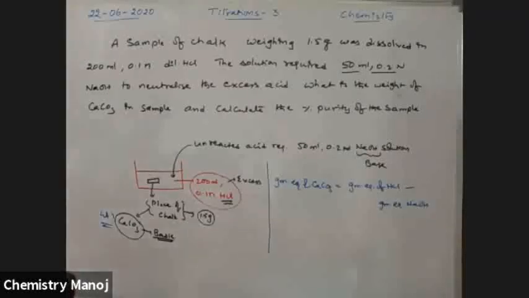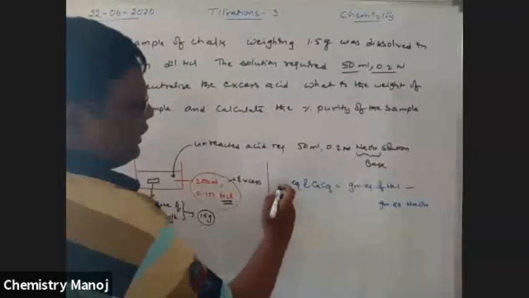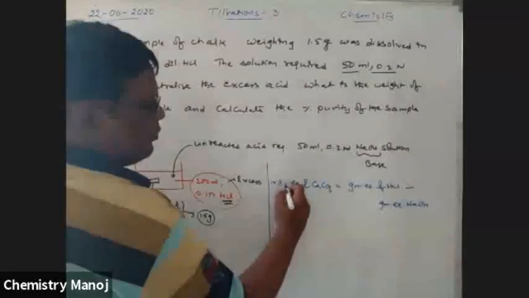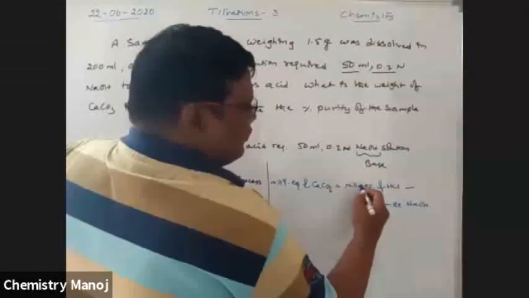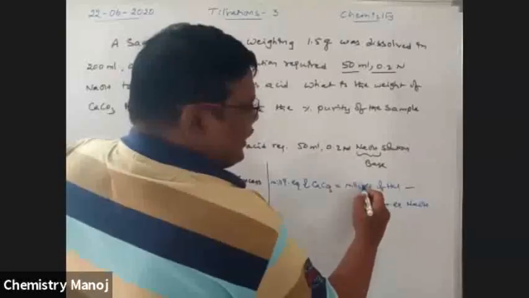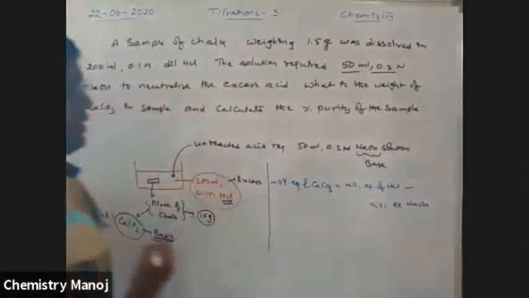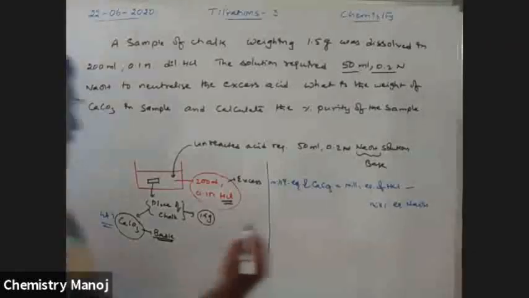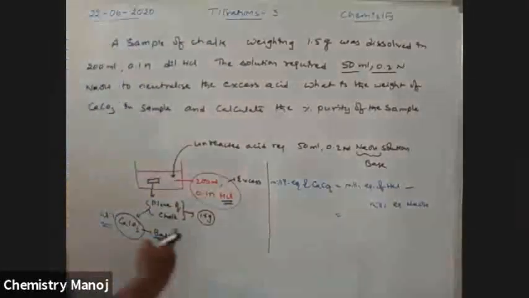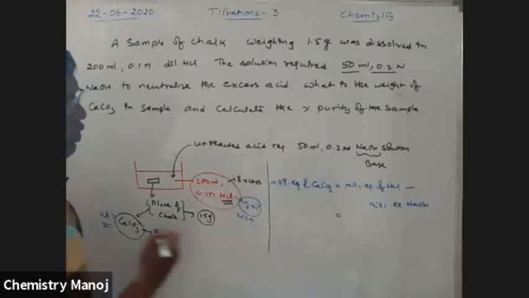Okay. So see here. Instead of gram equivalence, I am using milliequivalence. Both are the same. Volume in milliliters gives milliequivalence. Milliequivalents of CaCO3 is equal to milliequivalents of HCl minus milliequivalents of NaOH. Milliequivalents of HCl is normality into volume in milliliters. For HCl, N factor is 1, therefore normality is equal to molarity.